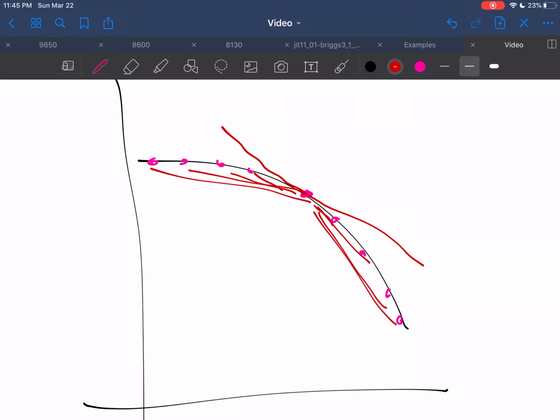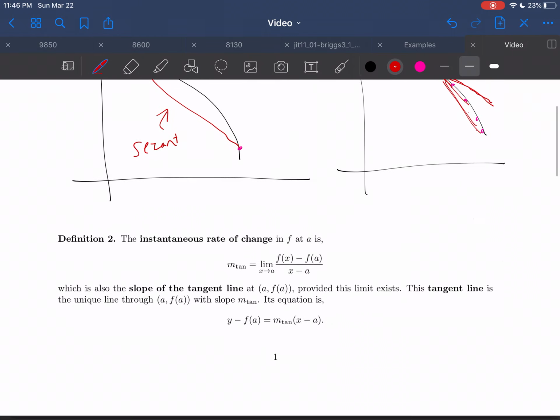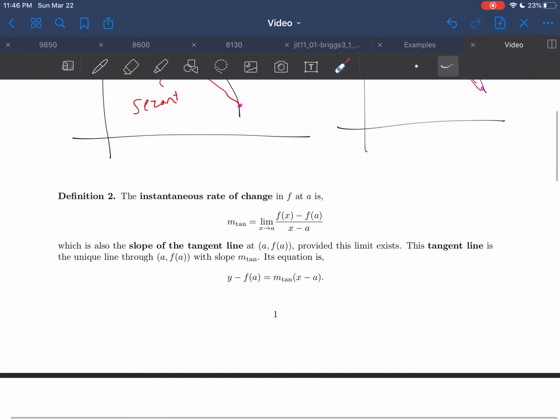And if we take the limit of the secant lines of all possible points, we end up with the slope of our tangent line. Okay, so that's our instantaneous rate of change as well. Right? So it's the slope of that tangent line as long as that limit exists.